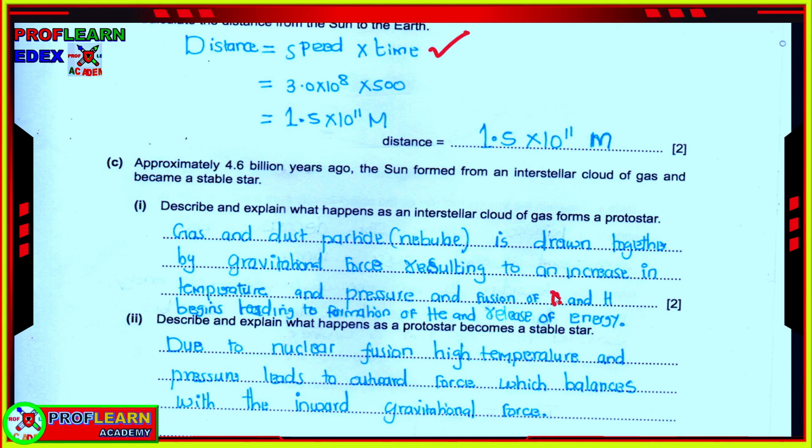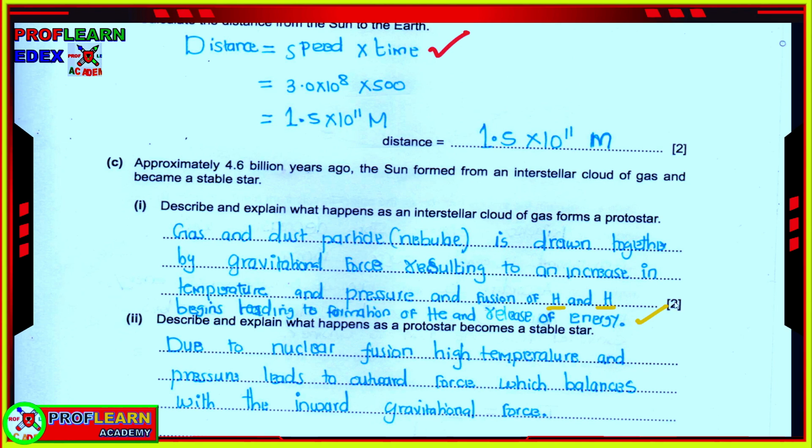Remember, when gravity pulls these gas and dust particles together, hydrogen and hydrogen fusion will begin, because for you to fuse hydrogen you need high temperature and pressure. Now, since it's sufficient in this setup, a nuclear reaction is set up, which results in the release of an enormous amount of heat, that is energy, released into space.